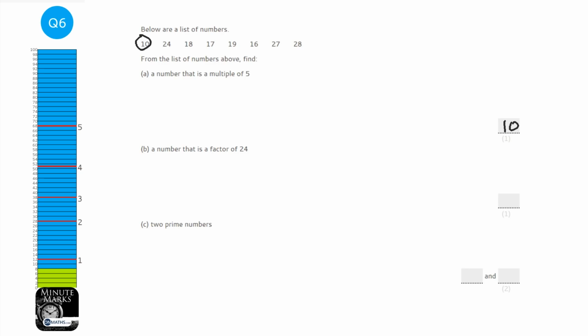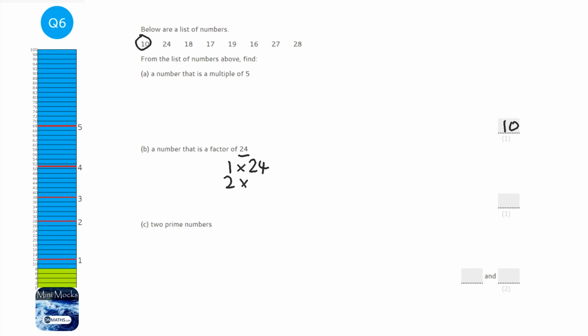Now factors go the other way. A factor of a number means that the number, so 24, is in another number's times table. So 24, and the easiest way to find the factors of 24 is you start off with 1 and 24, because 1 times 24 is 24.